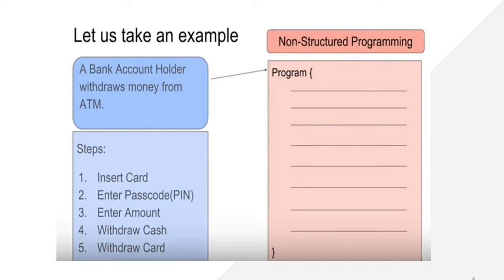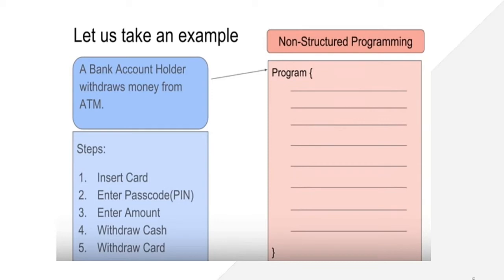I have taken a very simple example in which a bank account holder withdraws money from the ATM. So you are a bank account holder, and you are going to an ATM. What are the things you will do? You are given a problem statement, and whatever the problem, you will write steps. First step: I will insert a card.